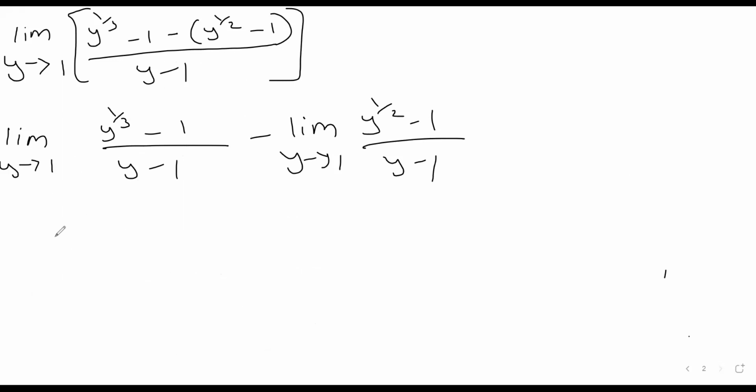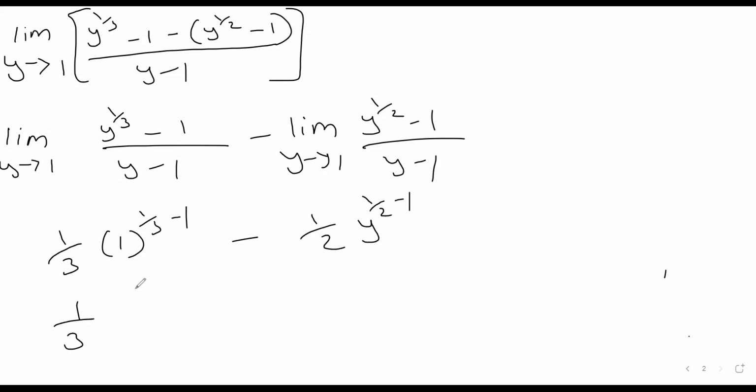I can use the formula: 1 by 3, 1 raised to 1 by 3 minus 1, minus 1 by 2, y raised to 1 by 2 minus 1; 1 by 3, 1 raised to minus 2 by 3, minus 1 by 2, y नाही येते 1 आहे आता इकडे, because a is 1 here.